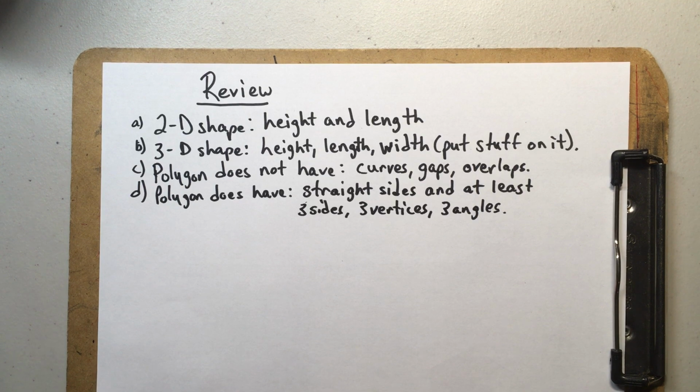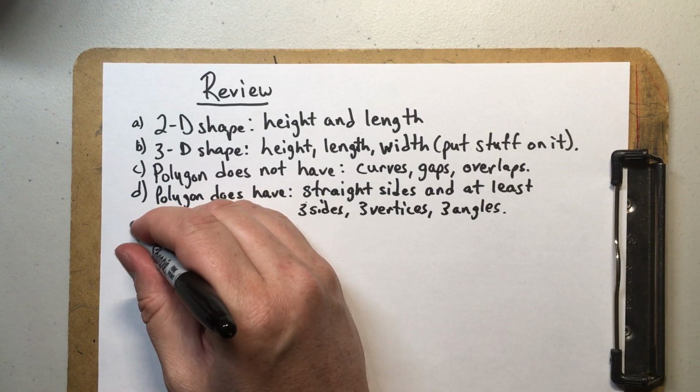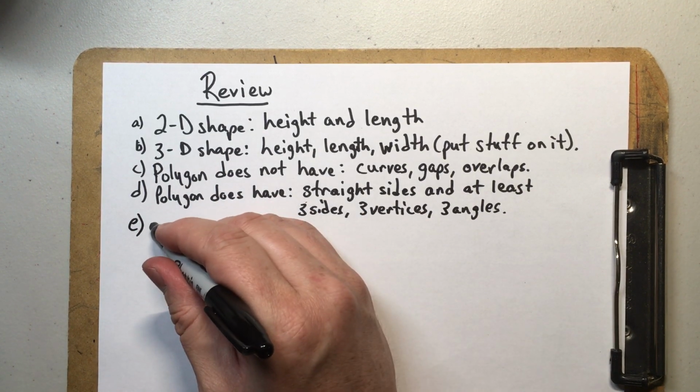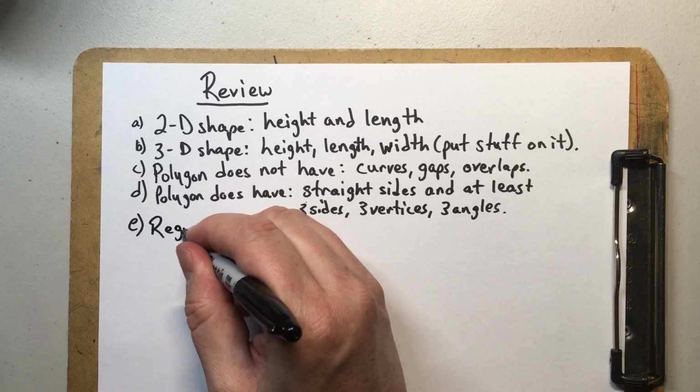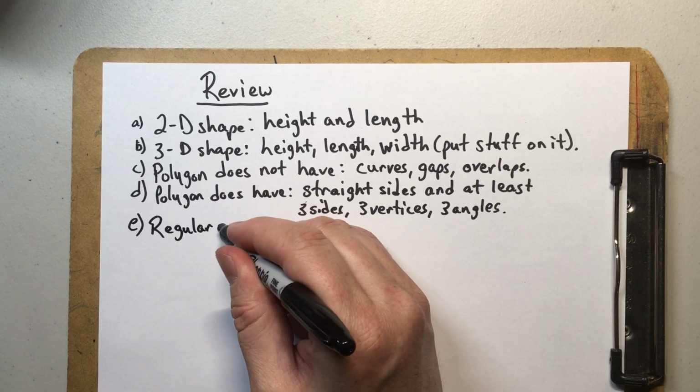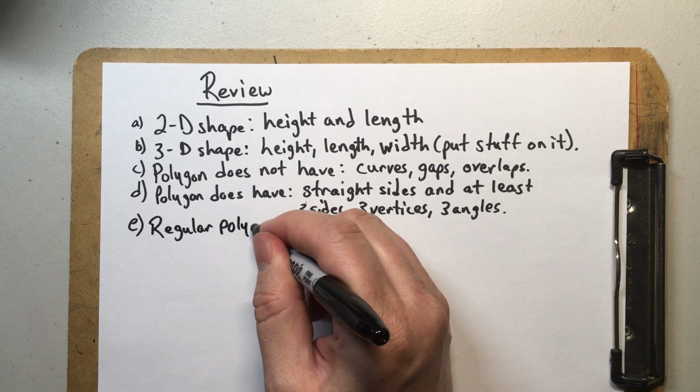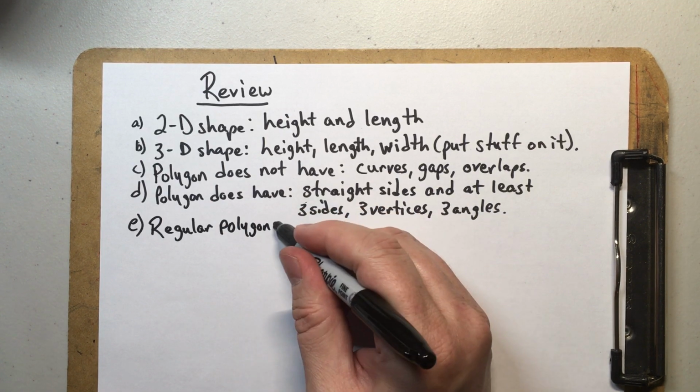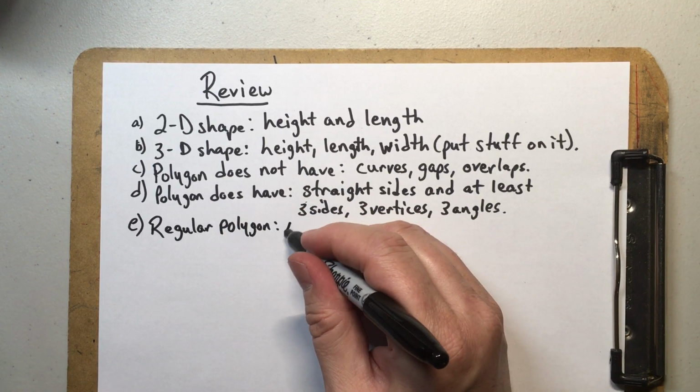Remember that in a regular polygon, all sides are equal.